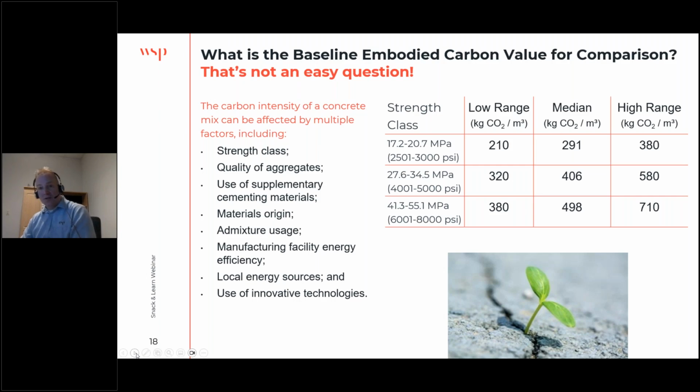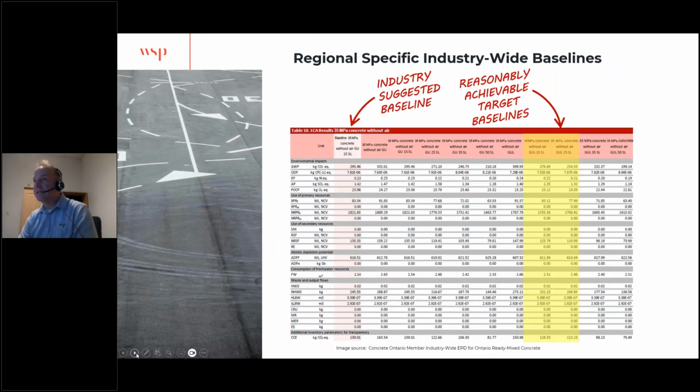And part of what the regionally specific baselines have actually done is issue what they believe to be baseline mixes that can be used for comparison. This is just one example I've taken out of the Concrete Ontario baseline, and they've suggested the baseline here highlighted in the pink and various iterations with increasing amounts of slag and concrete mixes with or without air.